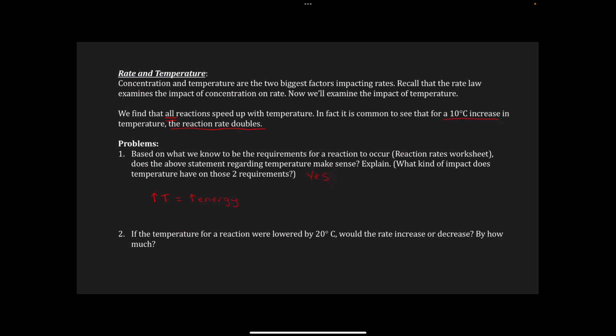So if we're increasing the kinetic energy of our particles, they're going to move around more. And if they can move around more, that's going to increase my collisions. Now, not only is increasing that temperature going to increase my collisions, but it also increases the energy available to break those original bonds.